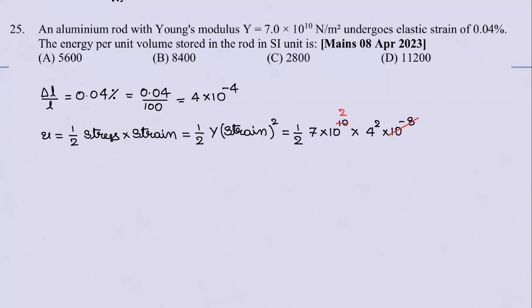So 2, how many times? 4 square 16 means 8. So 56. 5600. Once you got 56, then immediately you have the answer. You don't need to get remaining 2 zeros, but it's okay, fine. Okay, 5600, answer A.